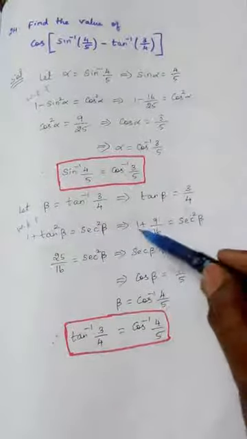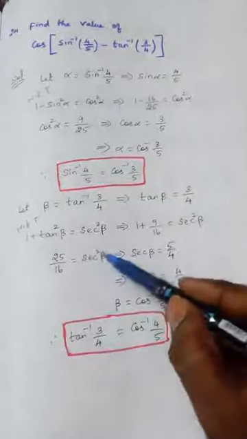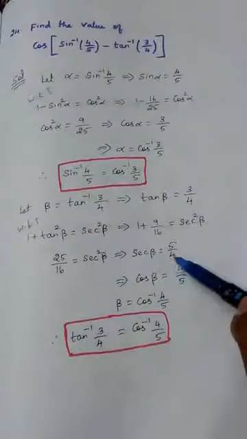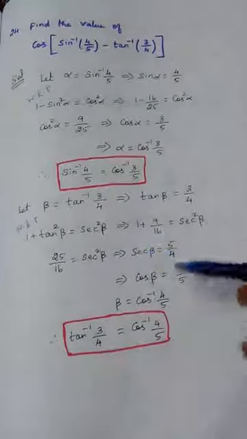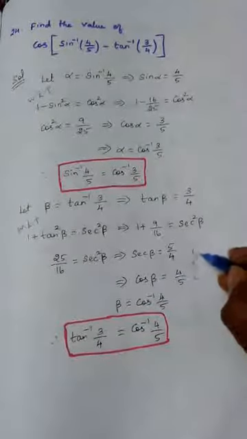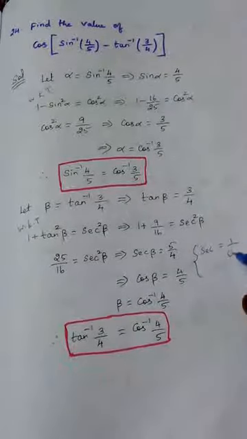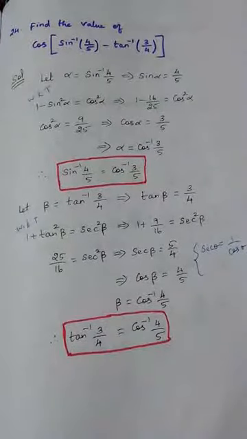Again LCM, 16 plus 9, 25 by 16 equals secant square beta. Square goes to that side and becomes square root. So 5 by 4 is the value for secant beta. Once I know secant beta, I can write cos beta, because in the previous sum also I told you secant is the reciprocal of cos. Secant theta is equal to 1 by cos theta.